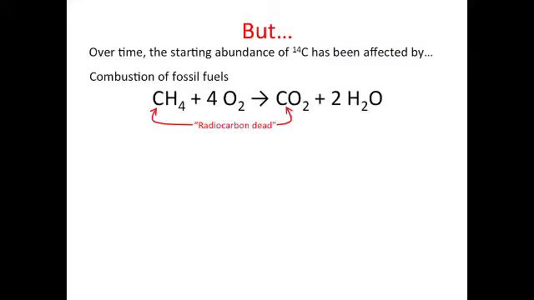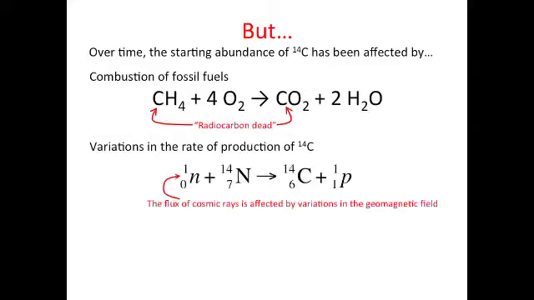We are puking into the atmosphere what people call dead carbon. There's no carbon-14 in it, and we've done so much of it that we've diluted the atmosphere with fossil fuel CO2, and that has pulled down over time the abundance of carbon-14 in the atmosphere. This is known as the Suess effect. It was first recognized by Hans Suess.